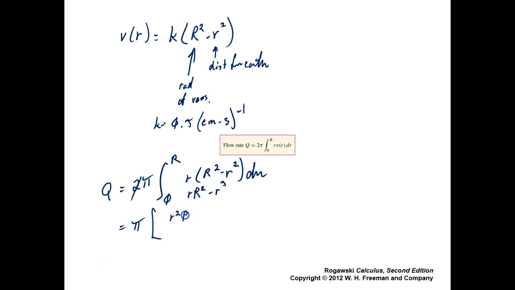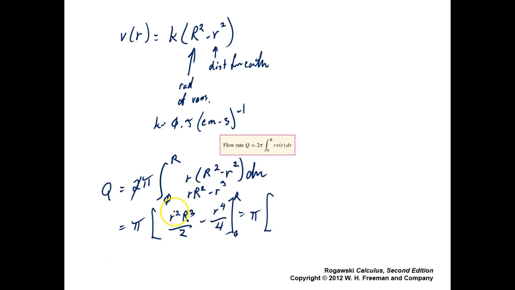R squared over 2, because the first r squared is a constant, and the other r integrates to be r squared over 2, minus r fourth over 4. So this will be pi times, and evaluate this from 0 to r, from the center to the outer limit of that.